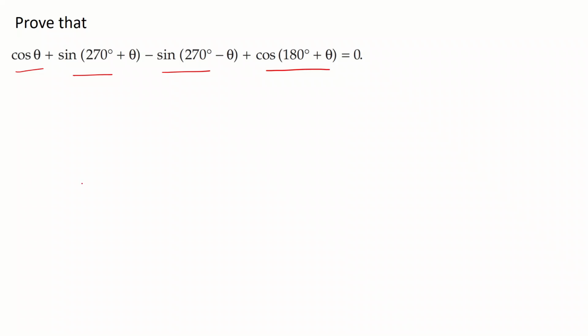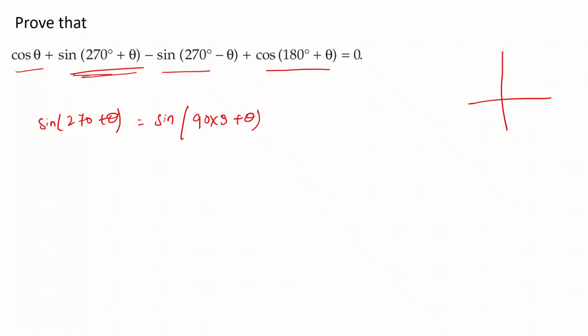So what we can do is write down sine(270 + θ) as something like this. Sine 270 plus theta is sine of 90 into 3 plus theta. So 90 times 3, this is an odd number, so sine will change into cos, and then plus theta, so just theta you have to write down.